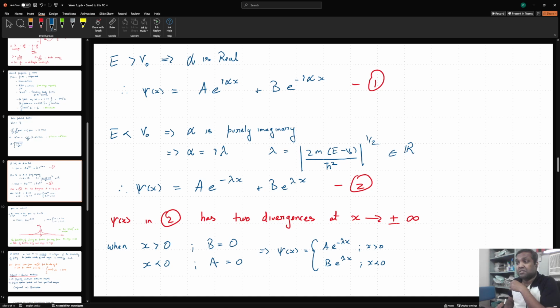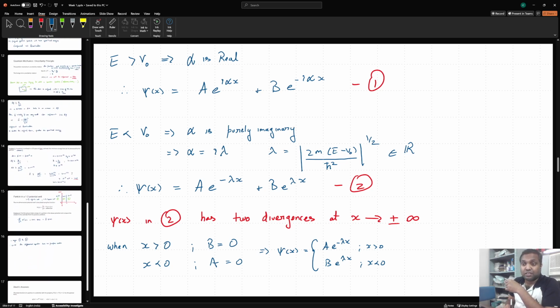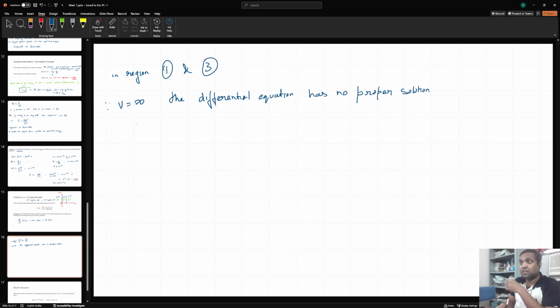So this thing is going to be e to the power minus infinity times x, and if you actually take the limit of that, you'll get a function that immediately falls to 0. So this is not a properly defined function, and the only solution I can have for such a function is psi of x equal to 0. Therefore, psi of x equal to 0 is the only allowed solution.